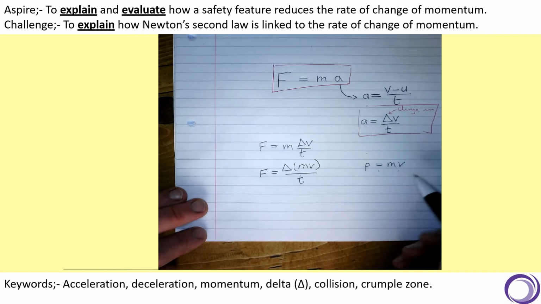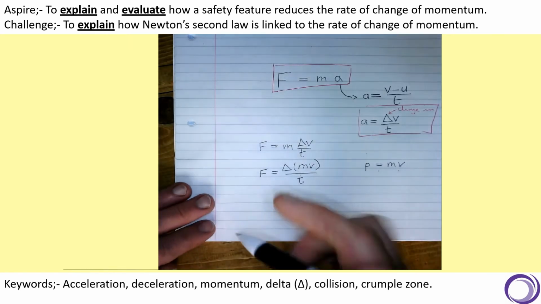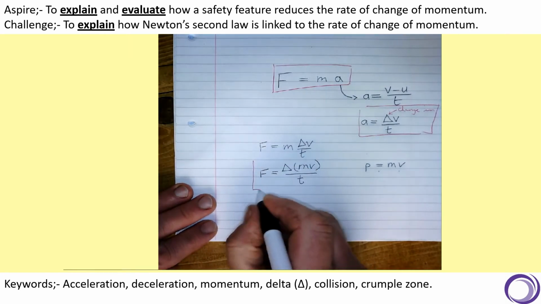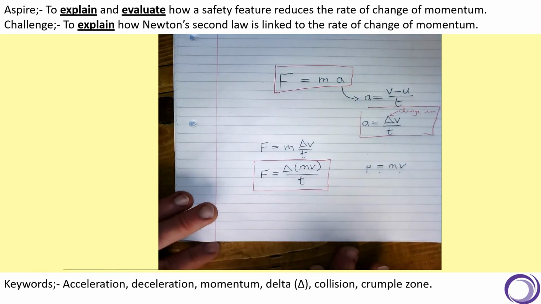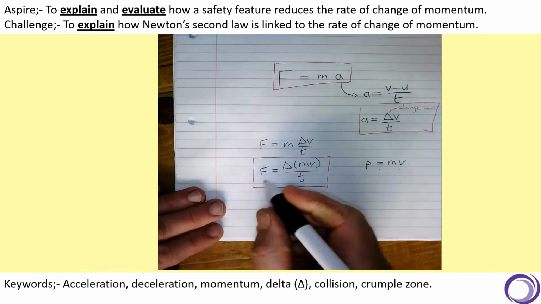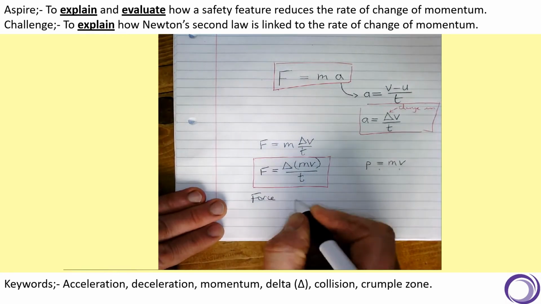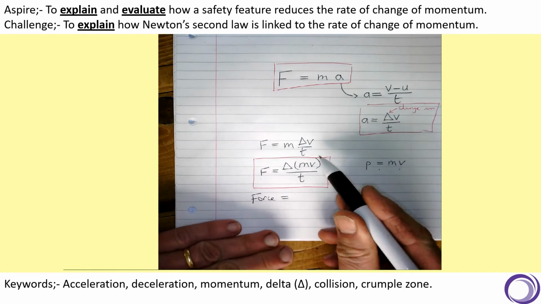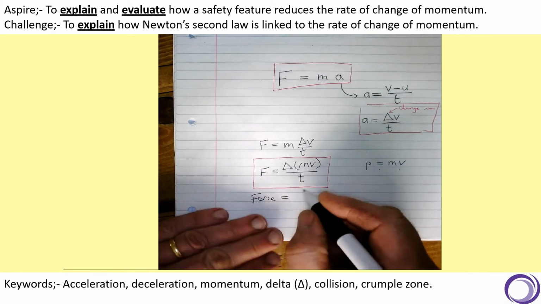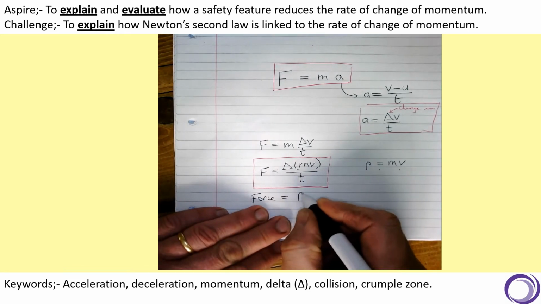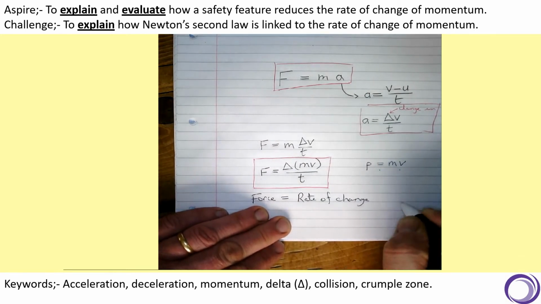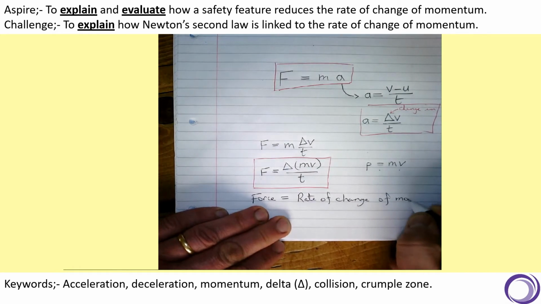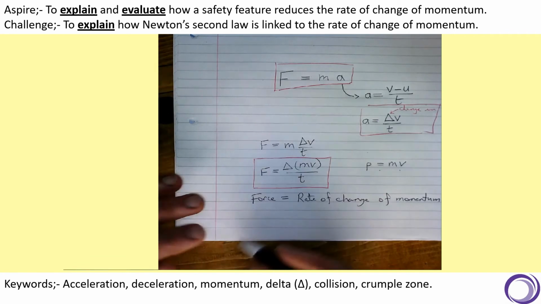So what this equation means is the force on an object equals the change in the momentum over the time taken. So force equals change in momentum over time taken, or the rate of change of momentum. And sometimes you'll see Newton's second law written like that.